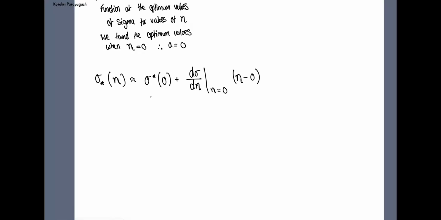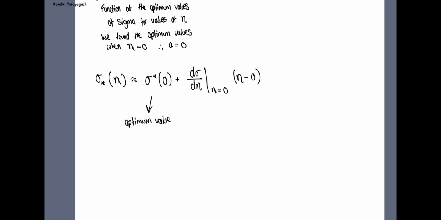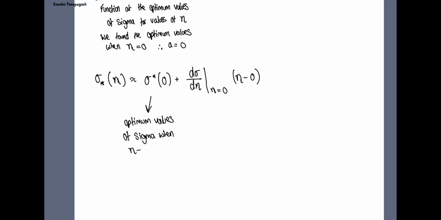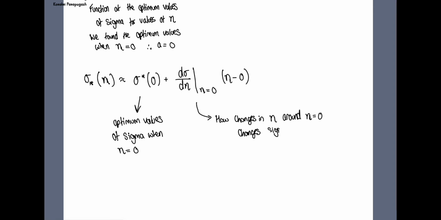So this is basically saying optimum values of sigma when eta is equal to 0, and this part is saying how changes in eta around eta equal to 0 change sigma.